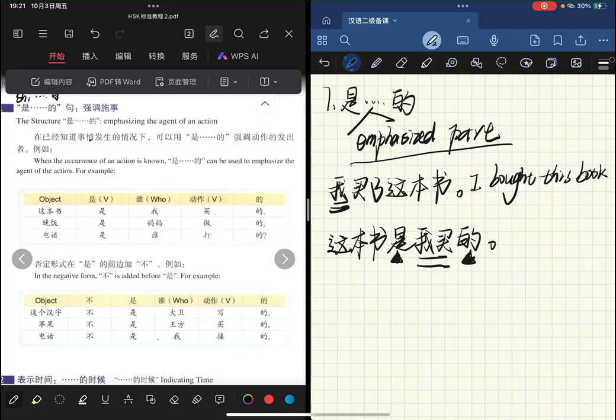Okay, for another example, I bought this bag. 我买了这个包。Okay, now I want to emphasize that the person who bought it was me, the doer of the action.